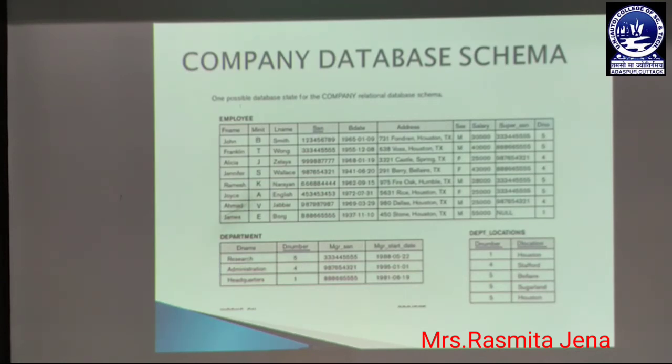Then the second condition is that we compare the manager SSN of department number 4 with the employee SSN in the employee table. So the next condition is manager SSN equals SSN. That means department dot manager SSN equals employee dot SSN.